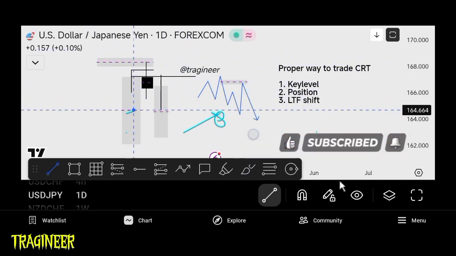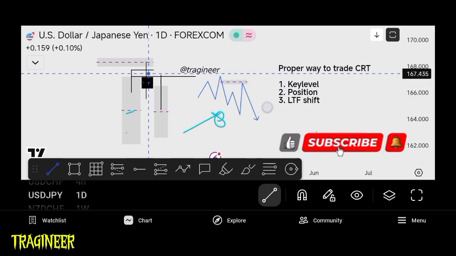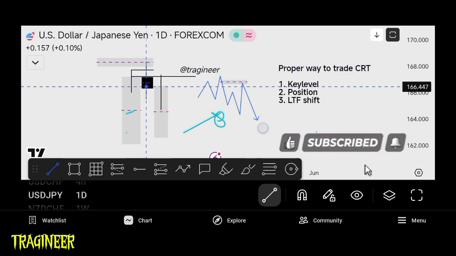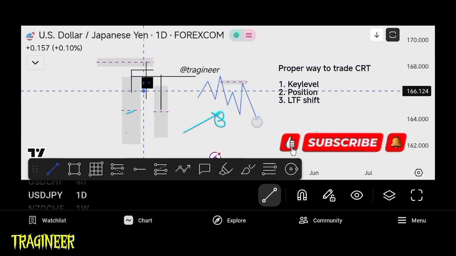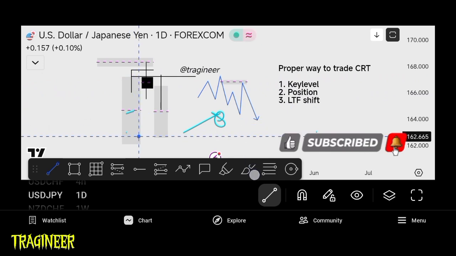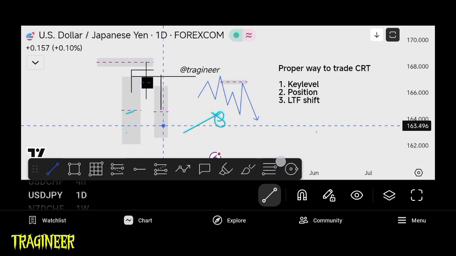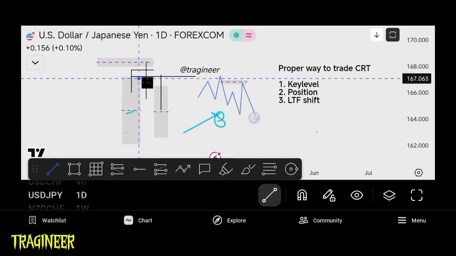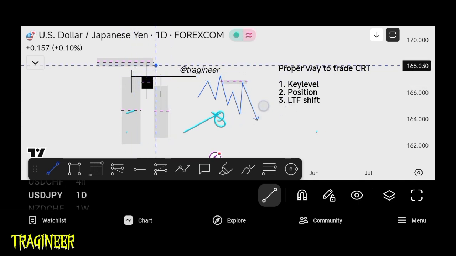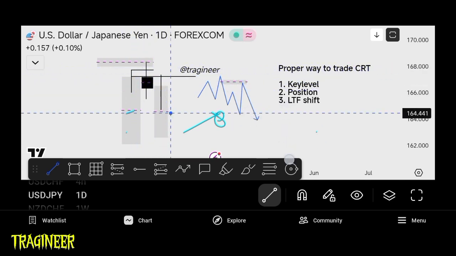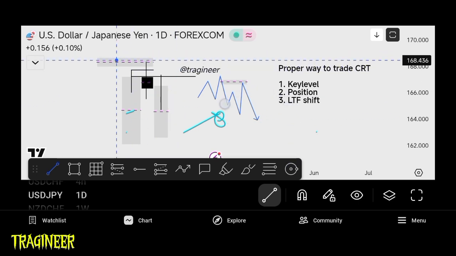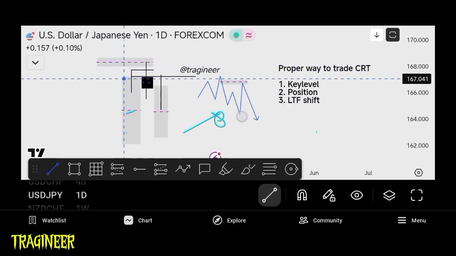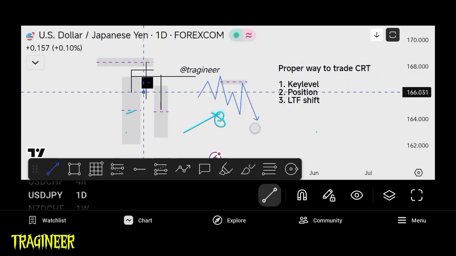Where we have an impulsive candle as our first candle, then the second candle happens to be a small candle, smaller than the entire candle of the first one. Then the third one is the mitigation candle, where price comes to mitigate our key level or our POI and then distribute to the downside. This is a bearish scenario. We have the one for a bullish scenario too.